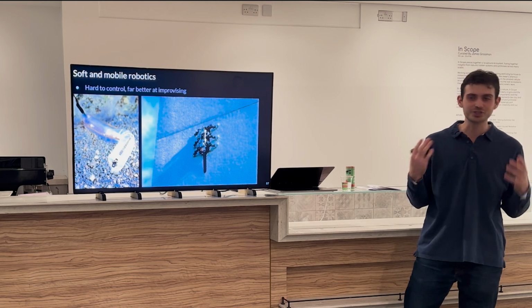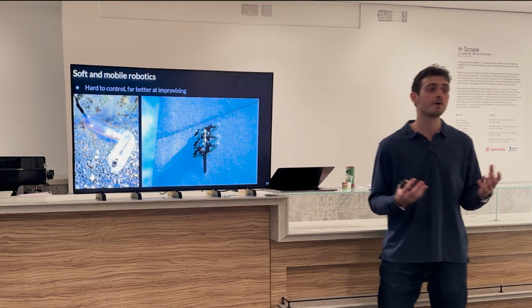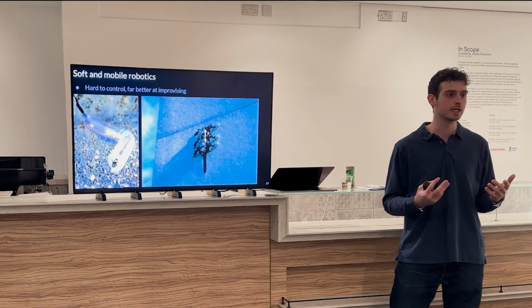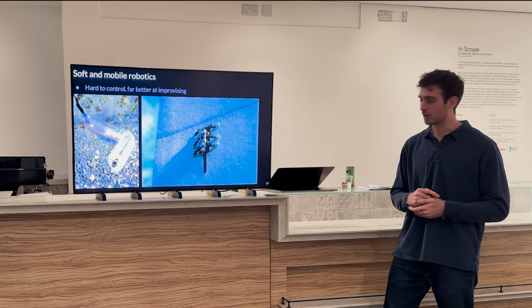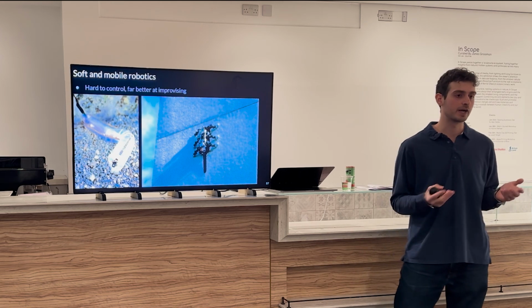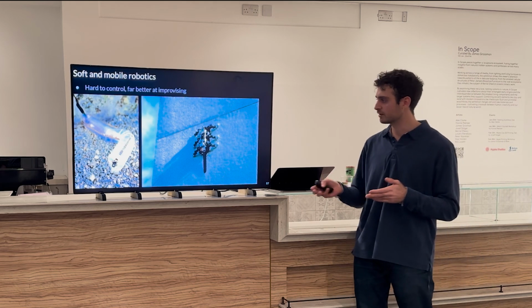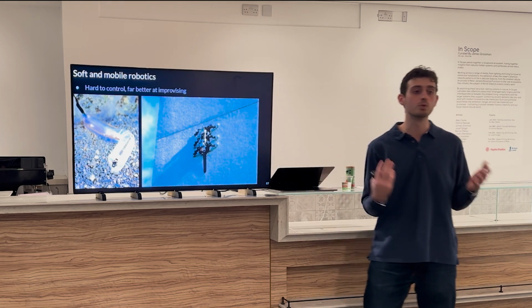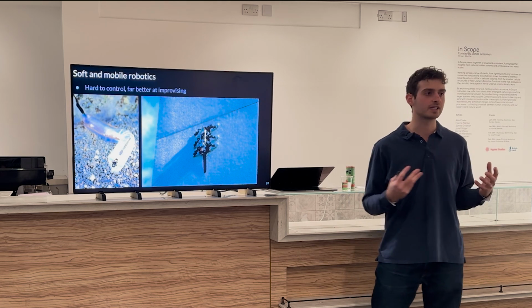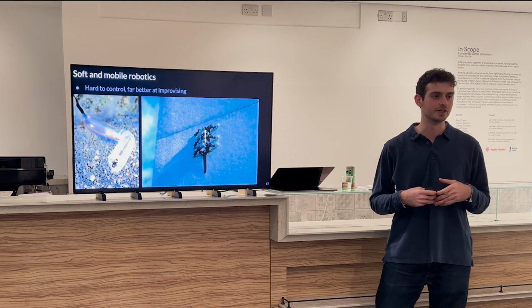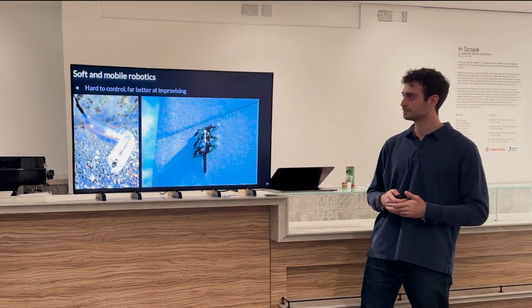But we're just scratching the surface, and they're still very hard to control. We have to use things like reinforcement learning just to be able to make them move and walk. But the ants are actually much better at improvising, because if you think about it, for example, if one of the legs gets knocked out, it can still walk. It still knows that it's got other legs that work like that. And so it's a very different ability to build structures.